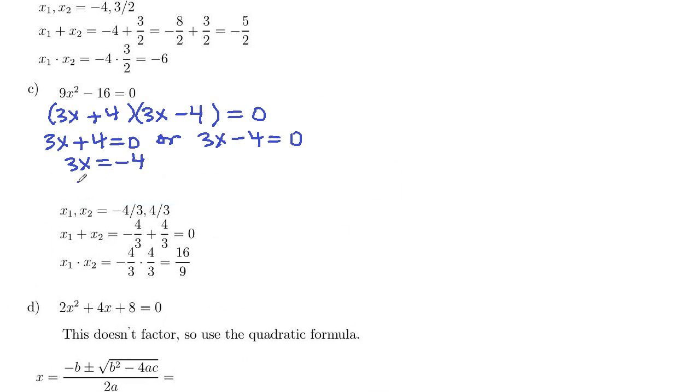So x will be negative 4/3. Or here, bring the 4 over as a positive. 3x equals 4. Divide both sides by 3. x equals positive 4/3. So our x1, x2, negative 4/3, positive 4/3. The sum of the two roots is 0, and the product of the two roots, negative 16/9.